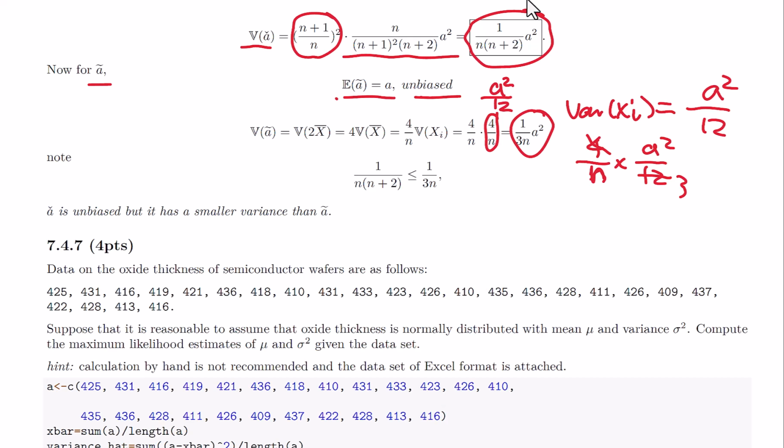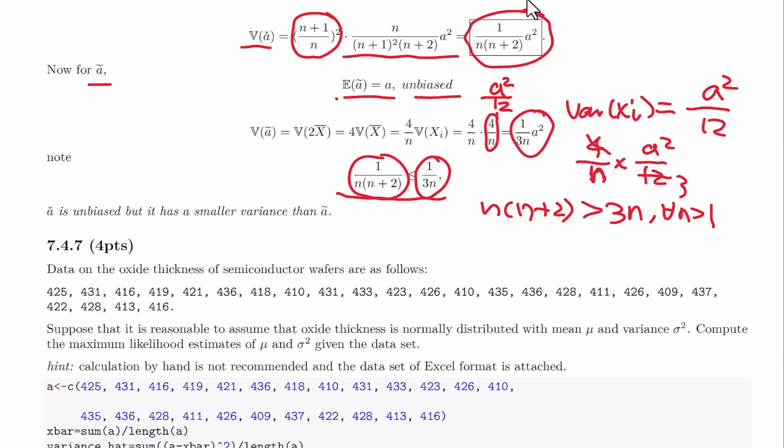And obviously, this one is always going to be less than that. Think about it: when n equals 1 they're equal, but if n gets bigger than 1, then this one is always going to be bigger than this one, because n times n plus 2 is always going to be greater than n for any n greater than 1.